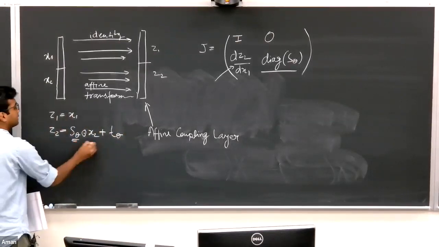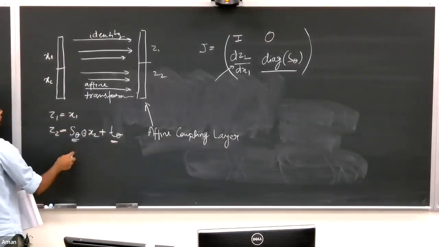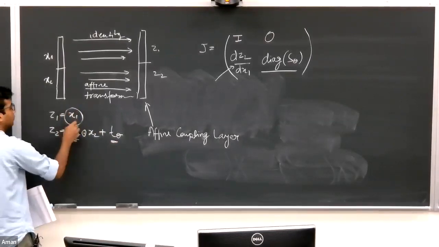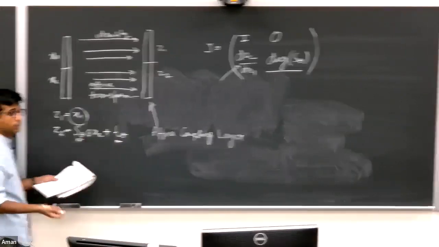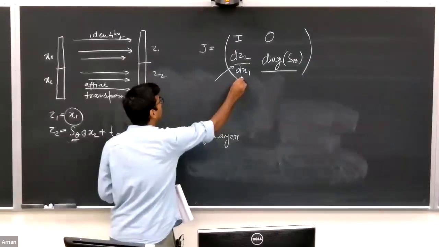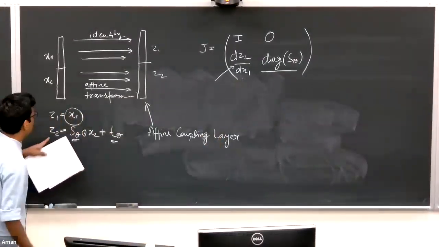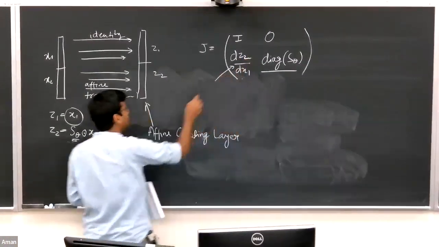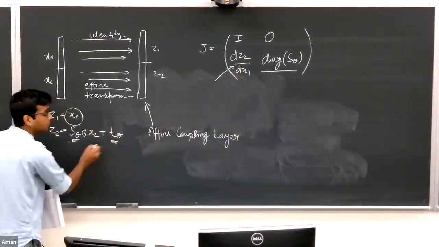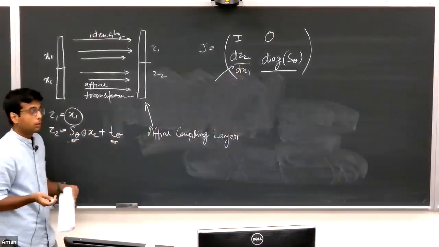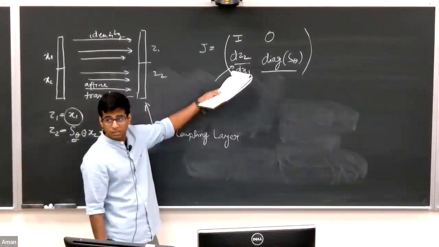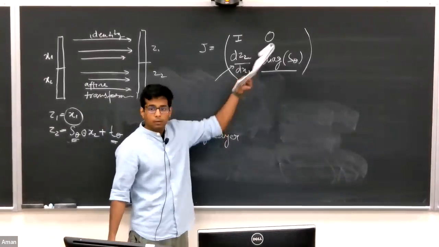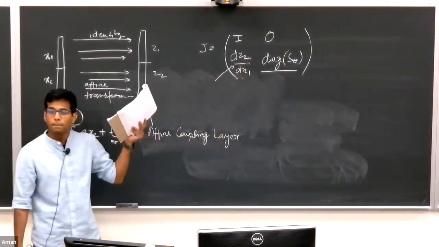And note that this S theta and the bias term are both predicted using X1. So this also is using X1 as the input, which is why this doesn't disappear. Because dZ2 is still dependent on X1, which is why this part of the matrix doesn't go away. But because we are multiplying it with 0, it doesn't really matter, right?